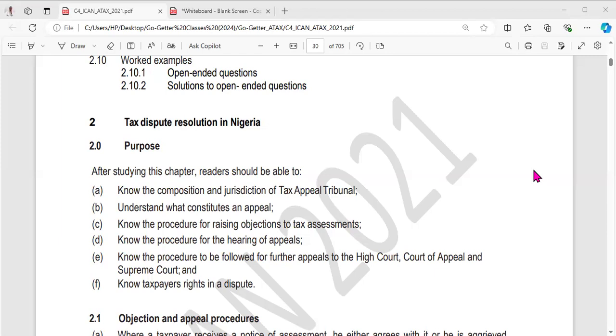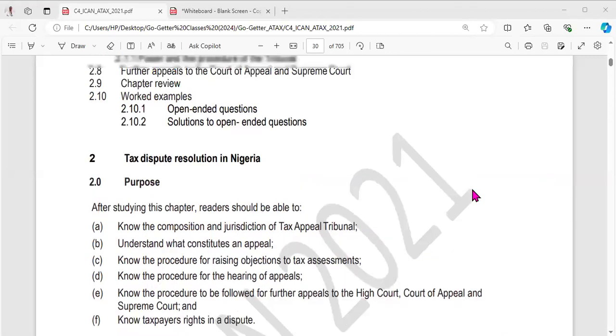We will also know the procedure for raising objections to tax assessment. We also know the procedure for hearing the appeals. Then we will also know the procedure to be followed for further appeals to the High Court, Court of Appeal, and Supreme Court. Then we will know the taxpayer's rights in a dispute.